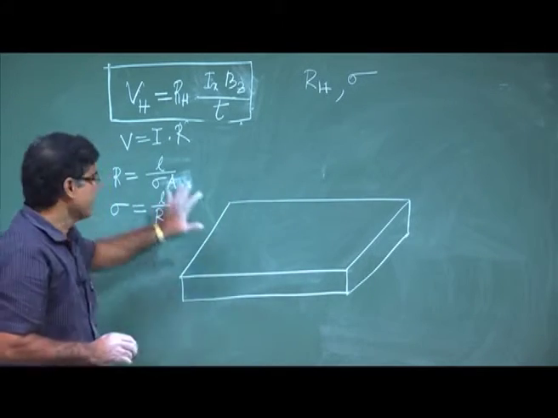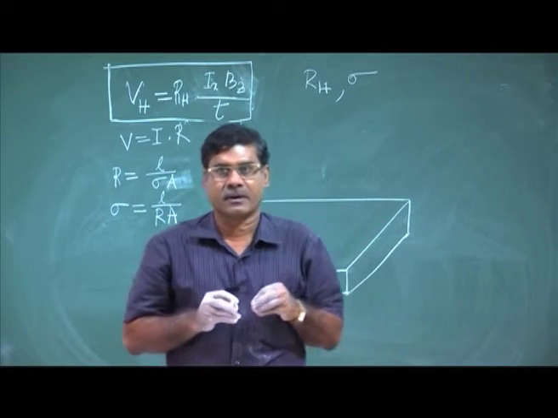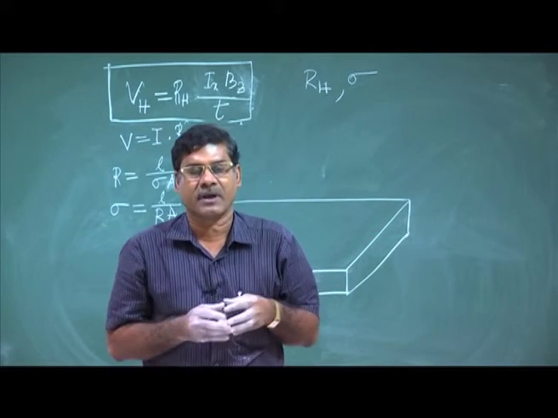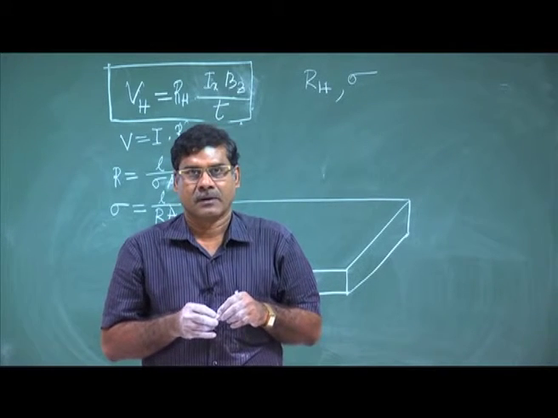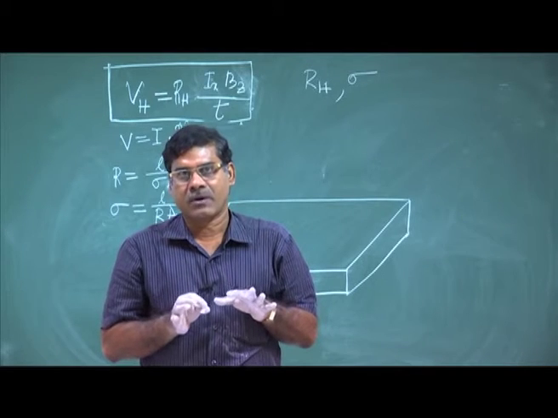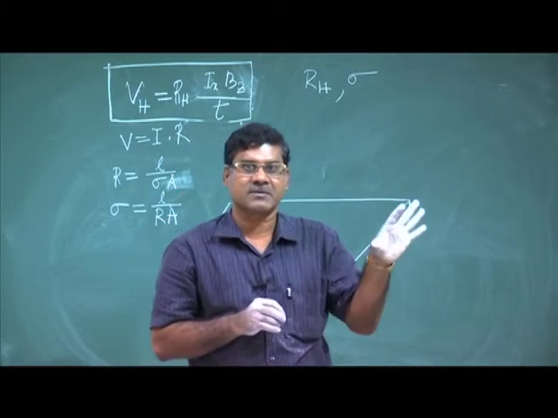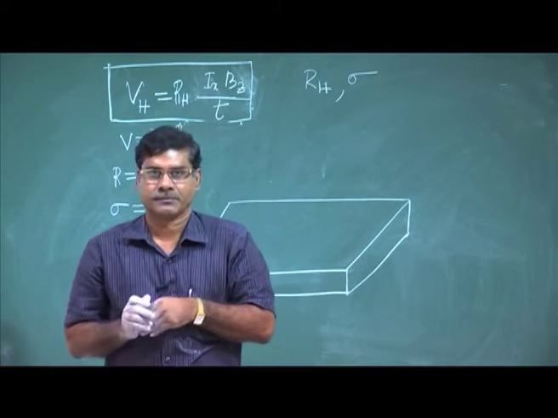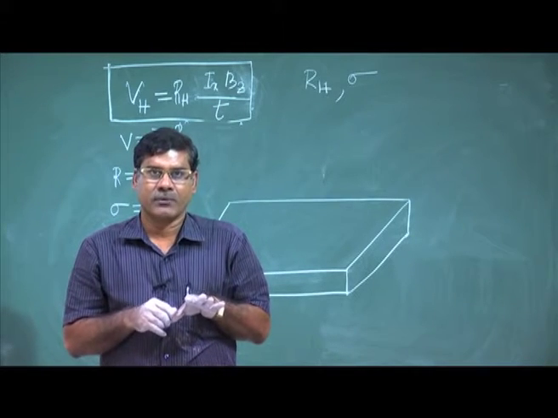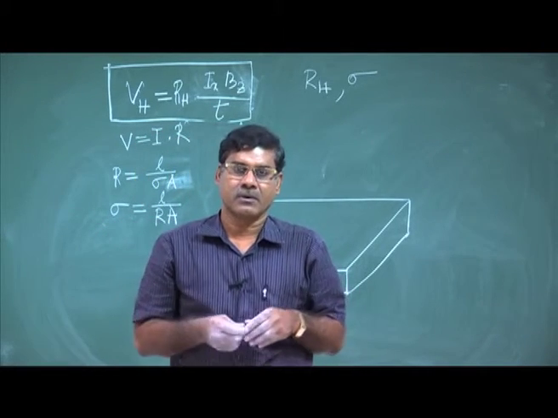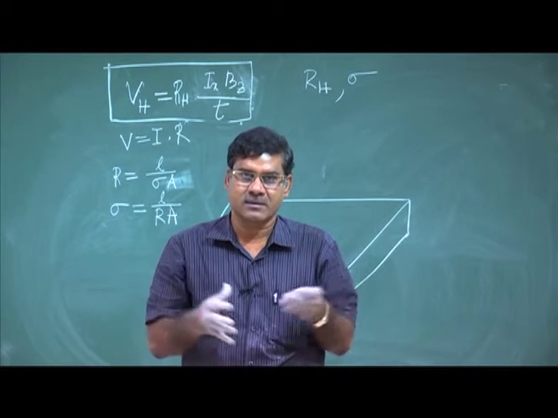Here you see, generally in theory we derive in a different way in terms of different parameters. But for the experiment you always have to take that expression in a suitable form, so that you can set up the experiment with known or available components.